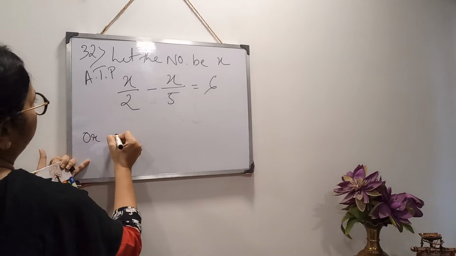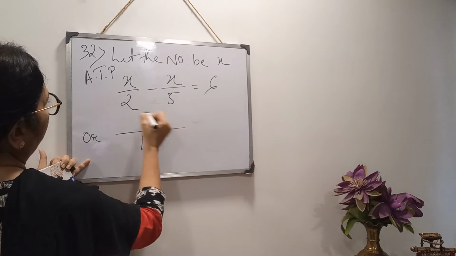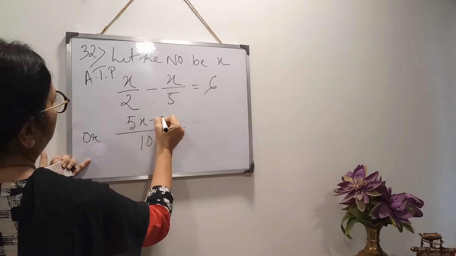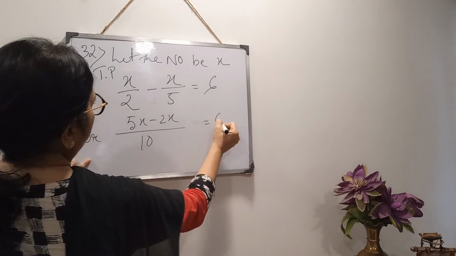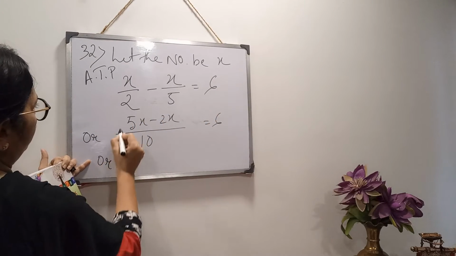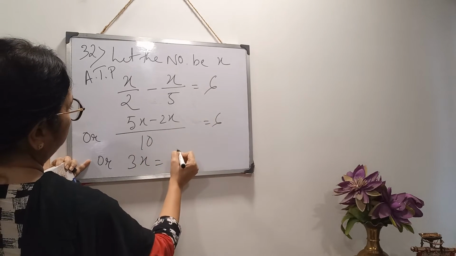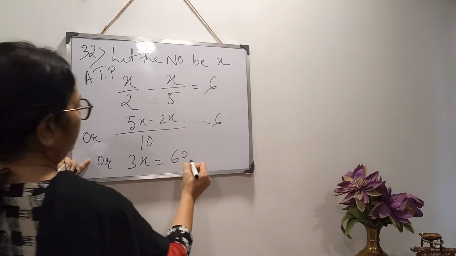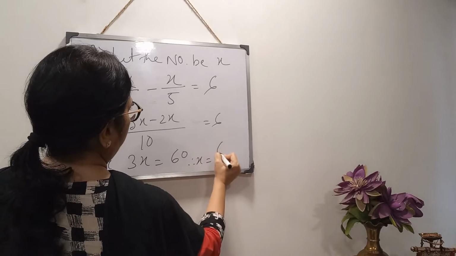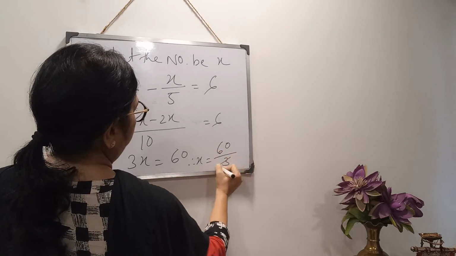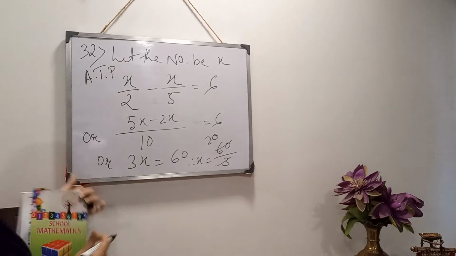Now take the LCM. So 5x minus 2x equals to 6, or 5x minus 2x, 3x, and cross multiplication 60. Therefore x is coming 60 by 3, 20. Clear?